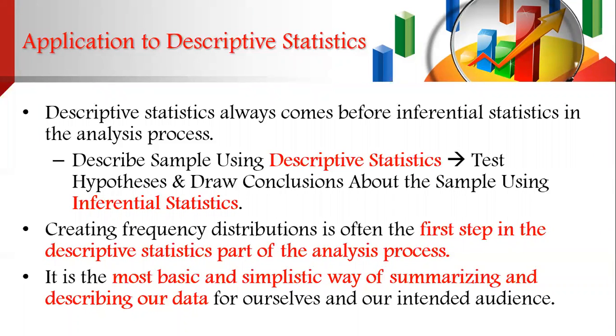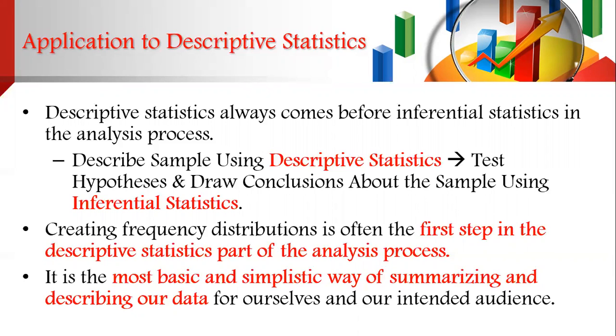Creating frequency distribution tables is often the first step in descriptive statistics because it gives us a way of seeing what all we have in our data set and what the frequency counts are for each attribute or each value within our data set. And so this provides sort of a peek into our data and allows us to know exactly what we're working with.